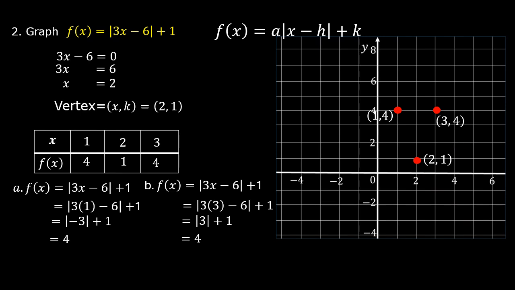Draw a ray from the vertex through point 1, comma 4. Then draw a ray from the vertex through point 3, comma 4. This is the graph of the absolute value function f of x is equal to the absolute value of 3x minus 6 plus 1.